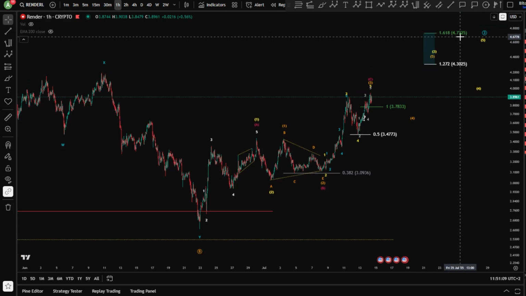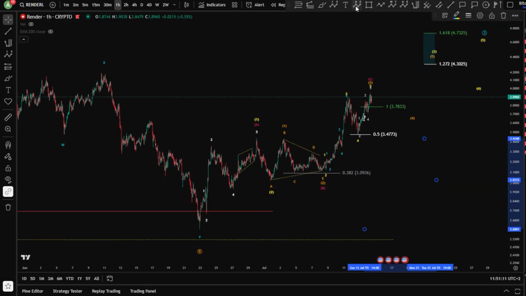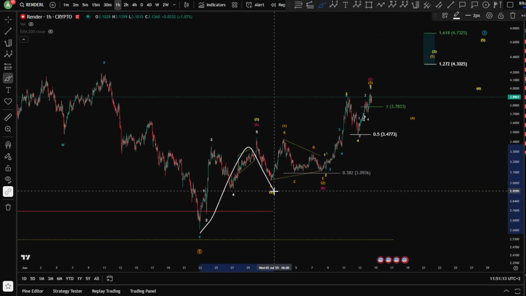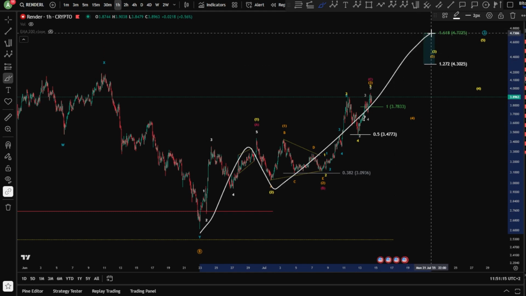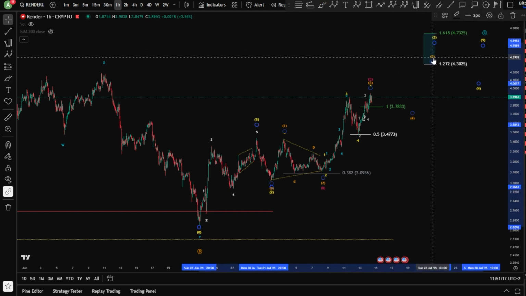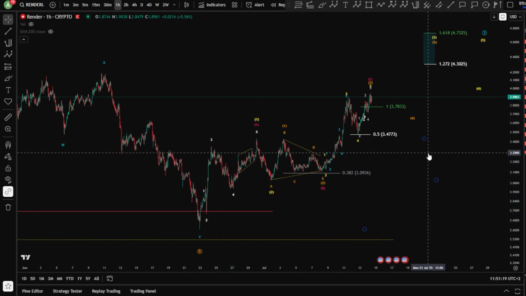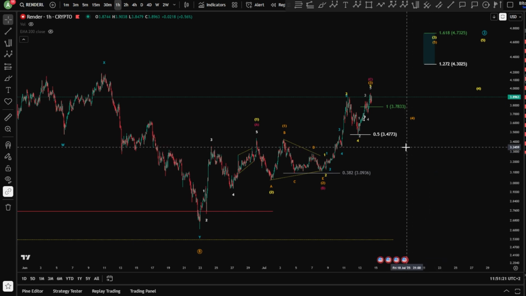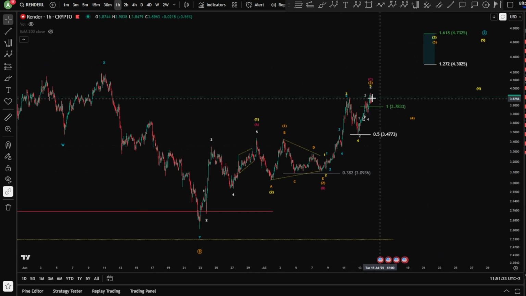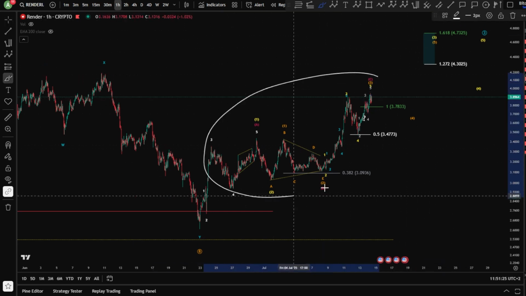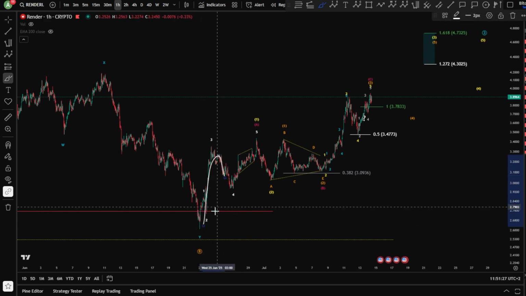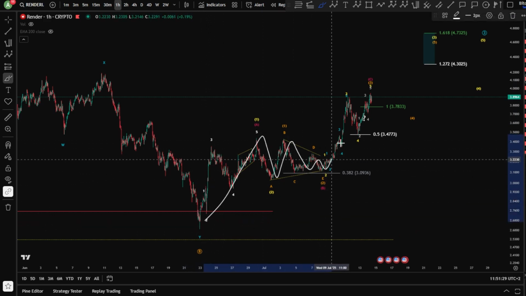And of course, the target for this scenario where you have a big wave 1, 2 here is a 1.618 for the wave 3 in the yellow, 4.73. So basically this is overall, but be careful, of course. We are currently finishing potentially a zigzag, okay?